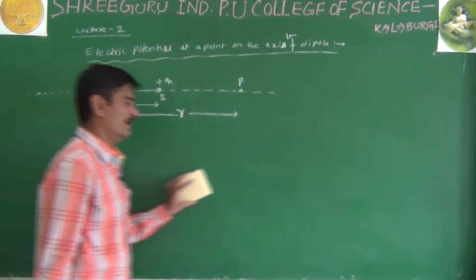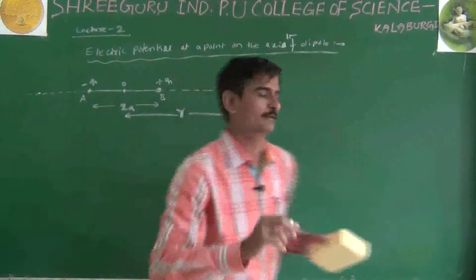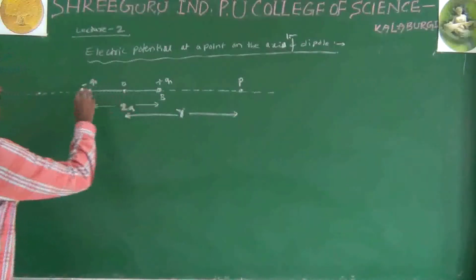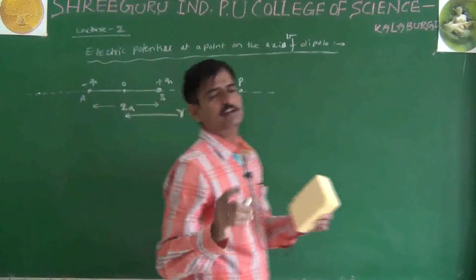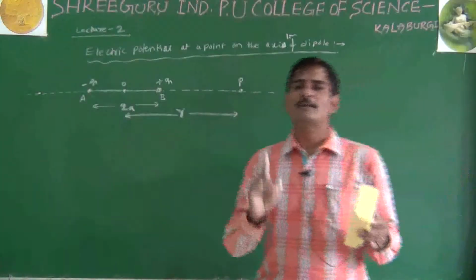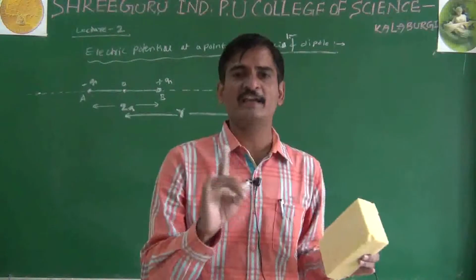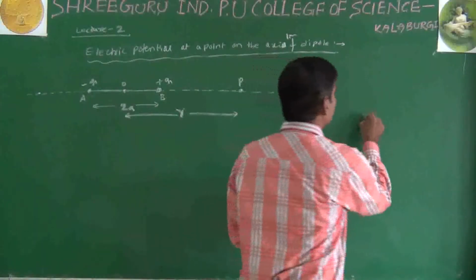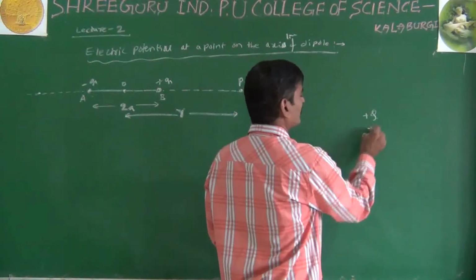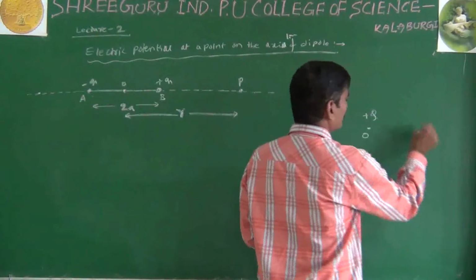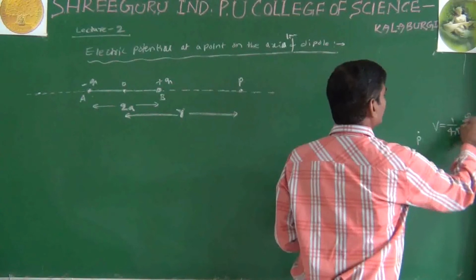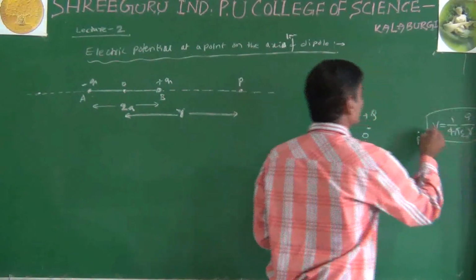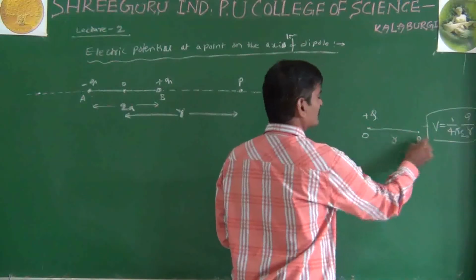So for that, how will I do it? First, see here, a dipole means there will be two charges. But previously, in the previous lecture, we studied electric potential due to a single isolated charge. One charge plus q is located at a point O, and at a point P we determined V is equal to 1 by 4 pi epsilon naught q divided by r, where r is the distance.